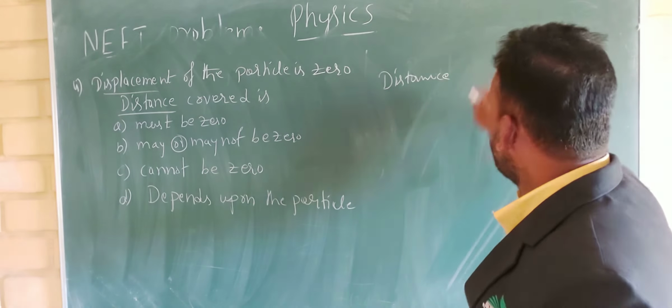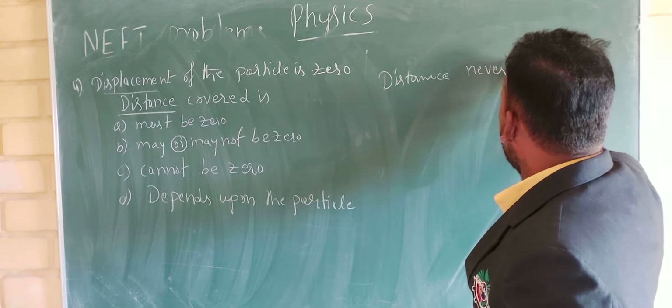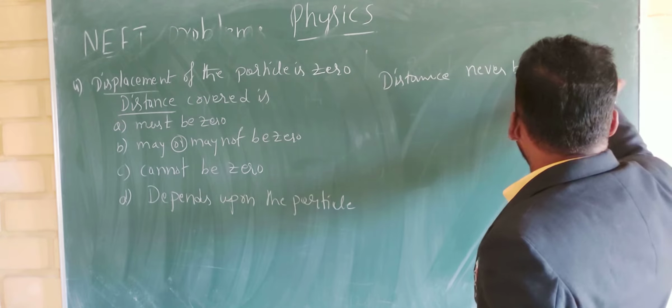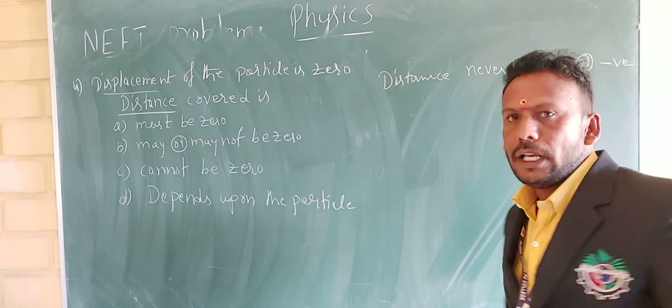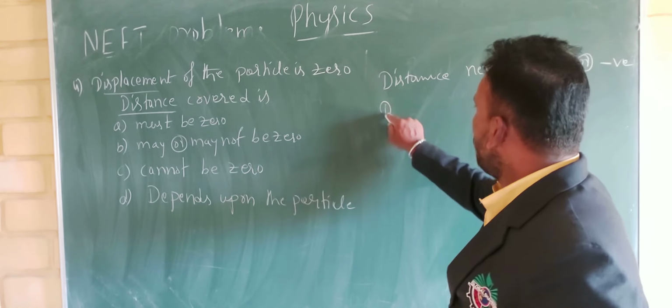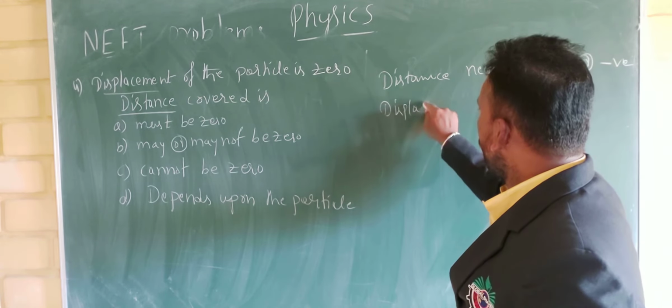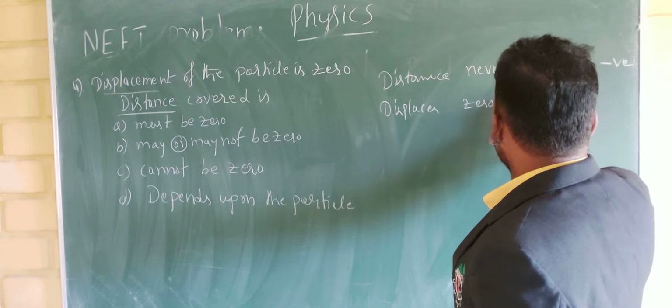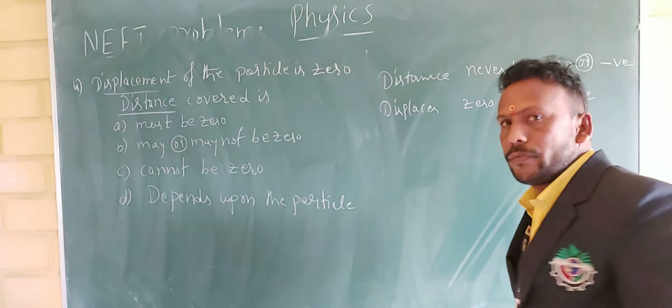distance can never be 0 or negative. Displacement may be 0, positive, or negative.